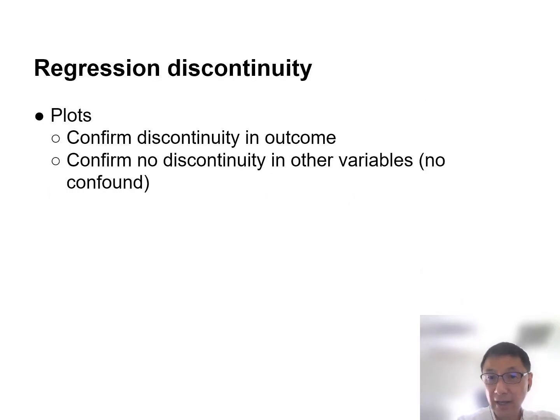The usual etiquette, as illustrated by the Abrams and Wagner paper, in regression discontinuity design studies is to graph two plots. One plot is in the outcome of interest to show that there's a discontinuity around that cutoff.